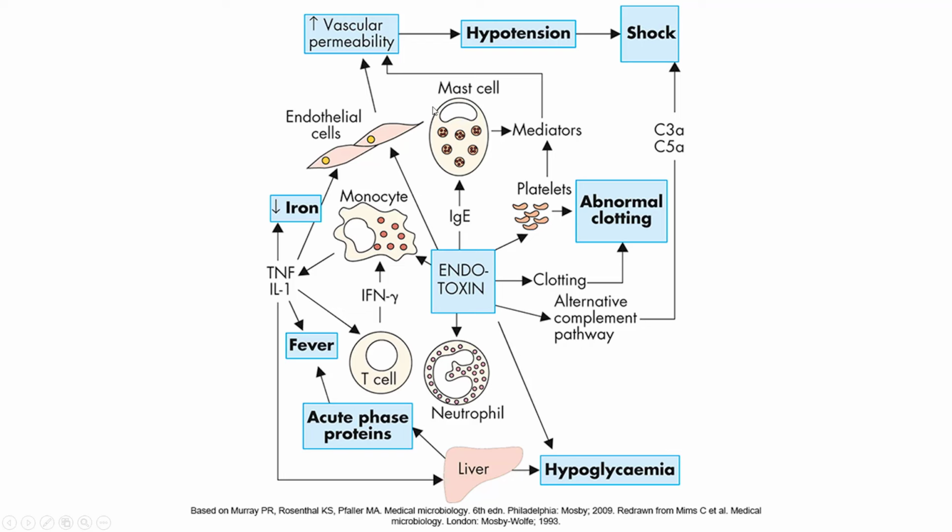So you have increased vascular permeability, leading to hypotension, causing shock. You have abnormal clotting. You have acute phase proteins being produced by the liver. You have TNF and IL-1 also acting on the liver, causing hypoglycemia and so on. So endotoxins have far-reaching effects, and they can cause septic shock, which, if not managed quickly, can lead to death.